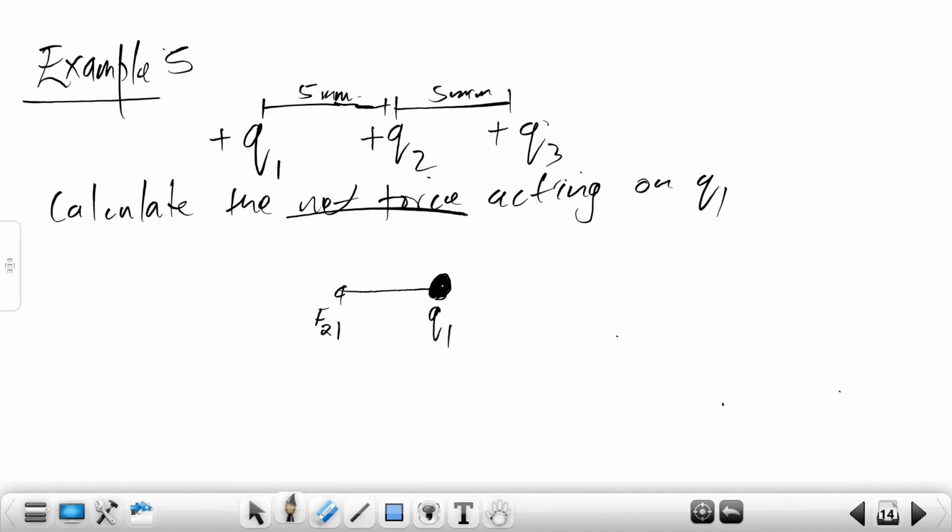Then I check the influence of Q3 on Q1. It's also repulsion. But because of the distance, now I am working with 10 millimeters, the force is going to be small. So I'm going to have another force here, F of 3 on 1.